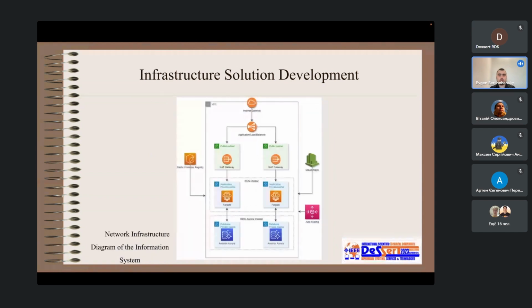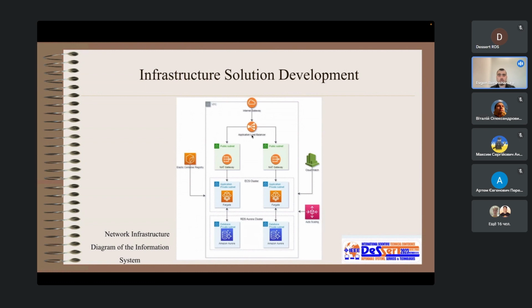Next, we have the infrastructure solution. This is mostly related to network solution. As you can see, we have a public part and a private part. The public part consists of a public subnet, and on top of the public subnet, we have an application load balancer.